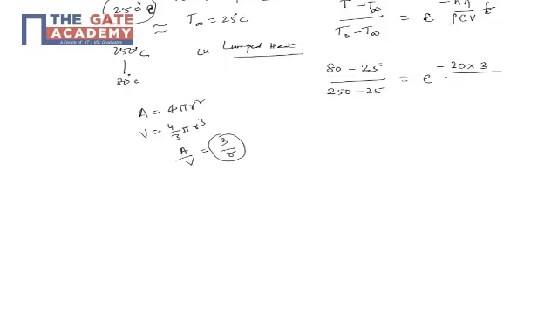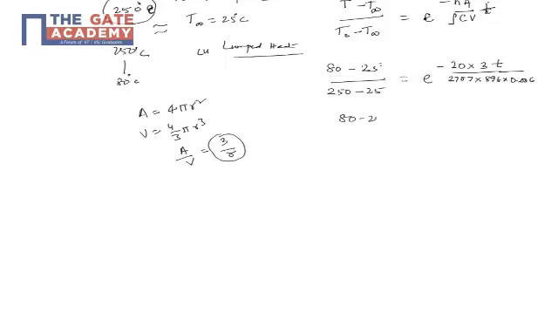Rho is given as 2707, and the specific heat is 896. The diameter is 12 mm, so its radius is 6 mm. Everything I am substituting in meters, so 0.006, into t.